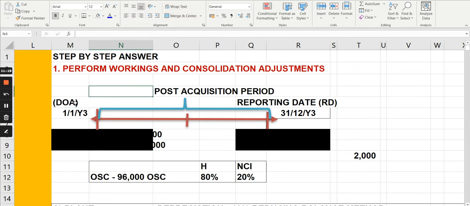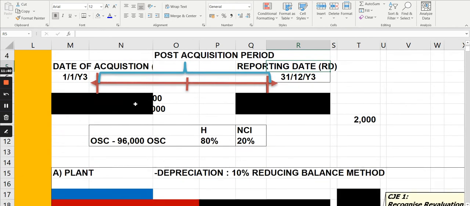That is the date of acquisition. Next, you have to look at when is the reporting date. Reporting date was after a year. So throughout this 1 year period is the post-acquisition period.